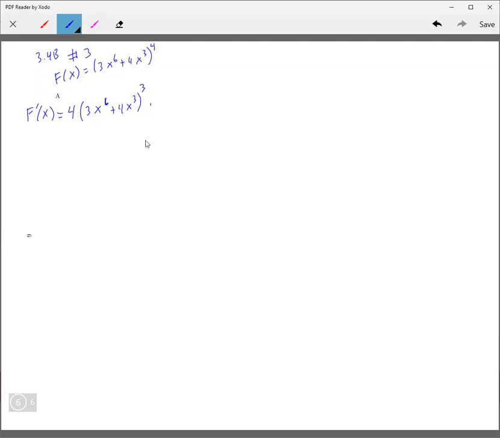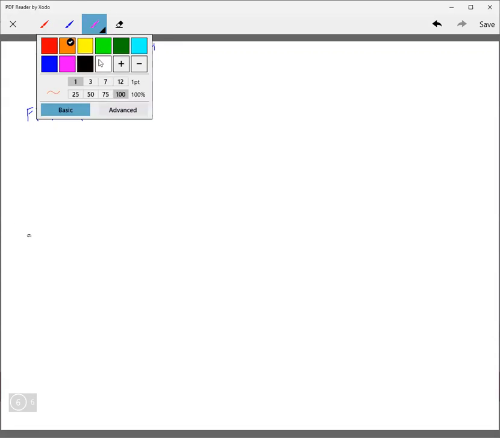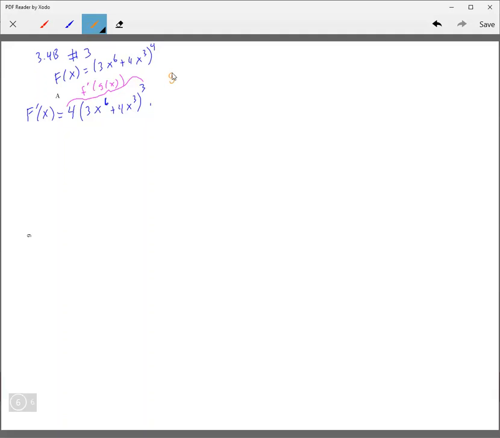Then, okay, so this part right here, in other words, is f prime of g of x. That's all this right here by the chain rule. And then over here, you're going to have g prime of x, which is the derivative of this inside part, which is going to be, okay, so 6, bring the 6 down, that's 18, and reduce that by 1 power.